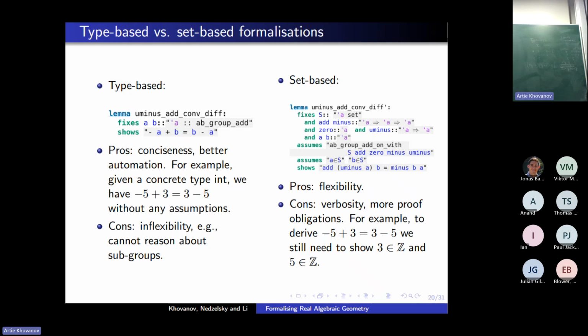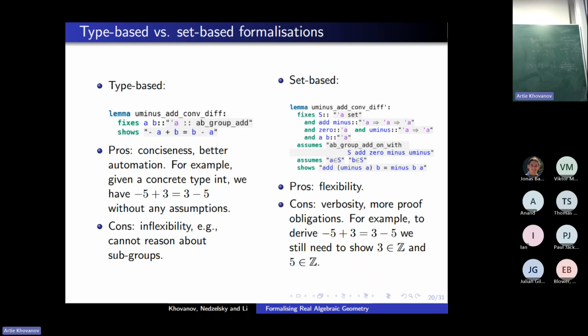Here S is the carrier set, and with these assumptions, we explicitly encode all the axioms of abelian group and also our carrier set S. In addition, for this particular lemma, we also have X being in the carrier set and B within S, so they are the closure assumptions. And finally, we have the final statement.